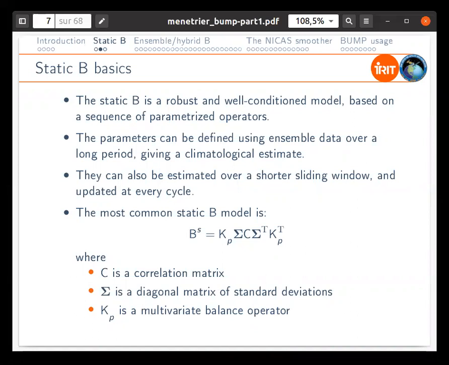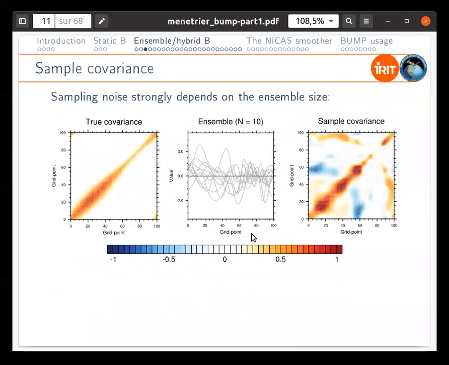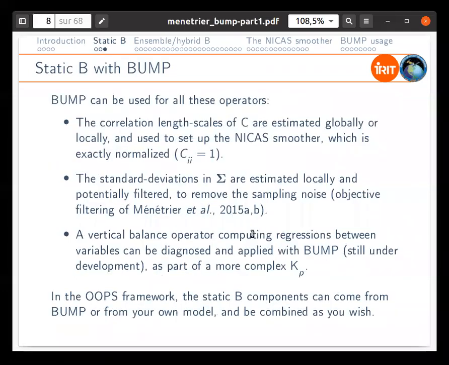It should be noted that with this model, it's very simple to define a square root of B if we have a square root of C. So we just get the formula in 2. BUMP can be used for these 3 operators.